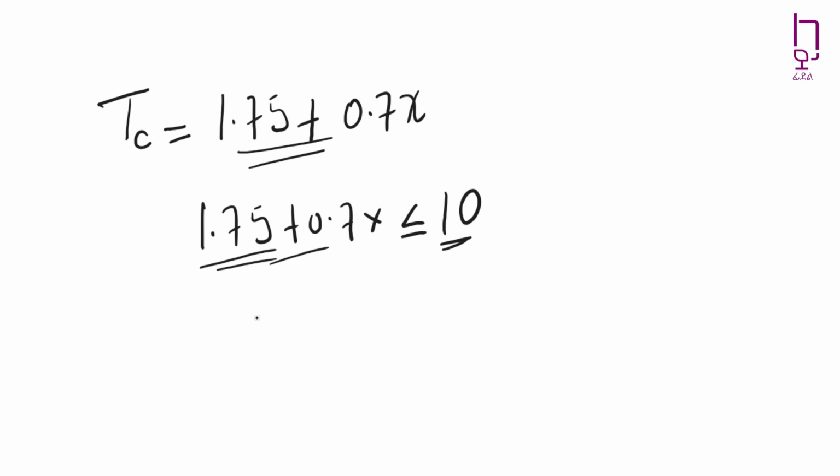If we solve for x, collecting like terms, you have 10 minus 1.75, and solving for x, it becomes x less than or equal to 11 kilometers.